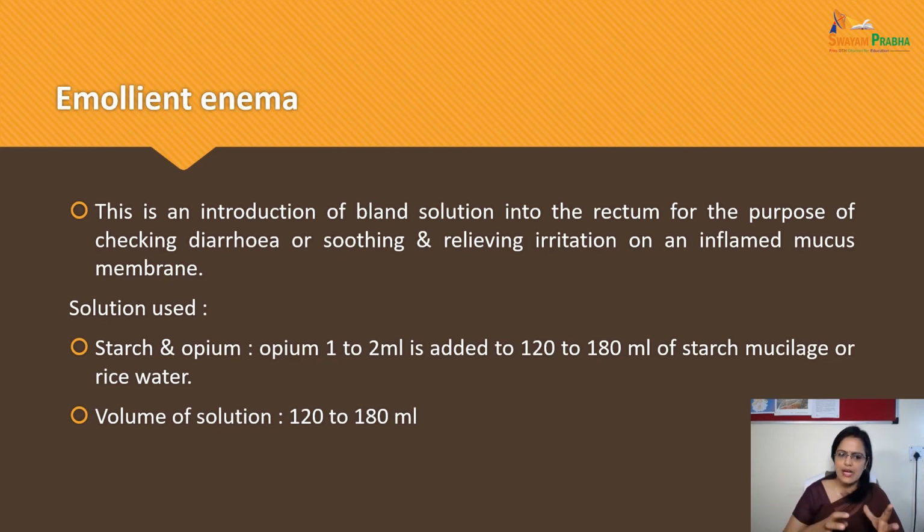For the solution, opium 1 to 2 ml is added to 120 to 180 ml of starch mucilage or rice water. Or the starch mucilage alone, 120 to 180 ml, and the temperature of 100 to 105 degrees Fahrenheit is used in emollient enema.